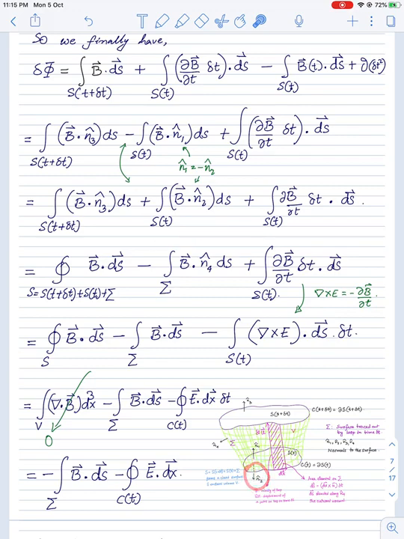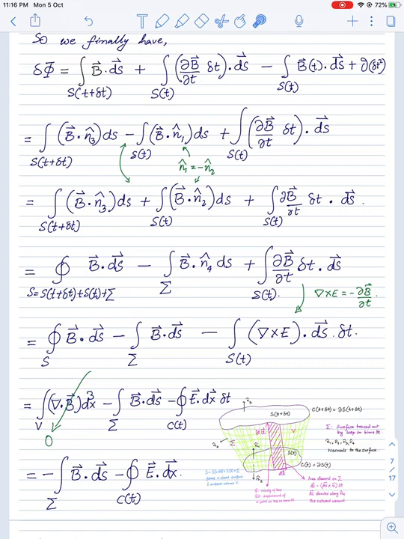Now we can shift this and make this into n2. N2 is just minus n1, in the opposite direction, as you can see in this diagram. So therefore we'll have a minus sign in this expression.